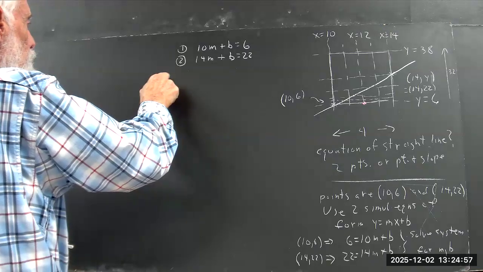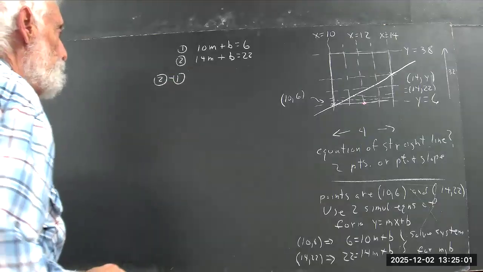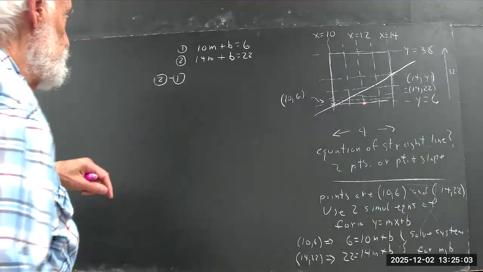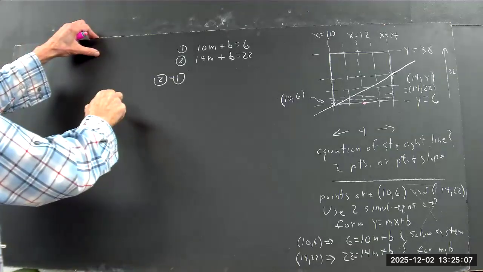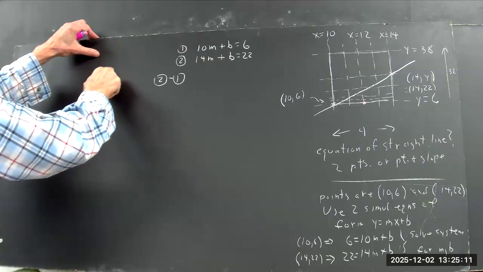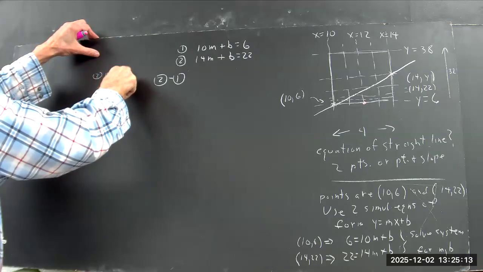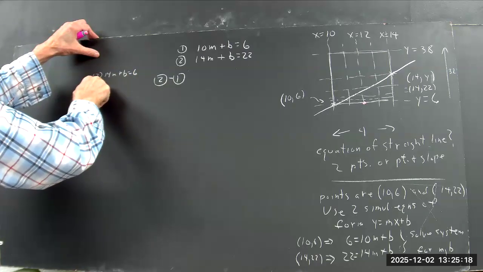If I do equation 2 minus equation 1, and remember, I'd say write that out to the side. So equation 2 is 14m plus b equals 22.